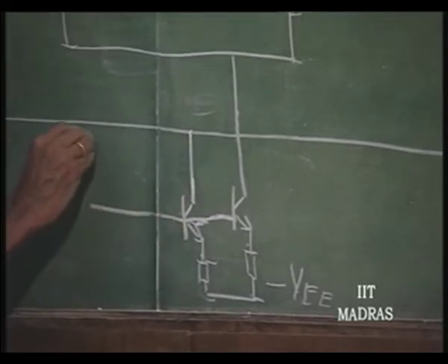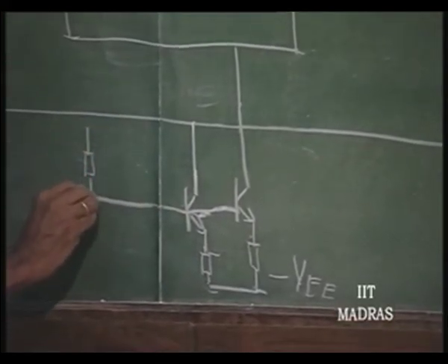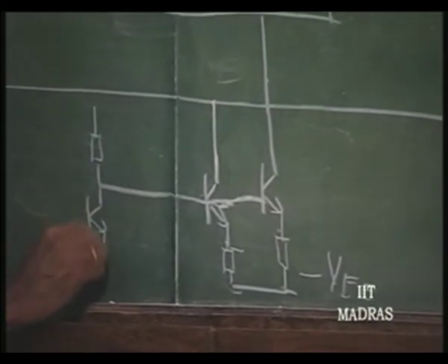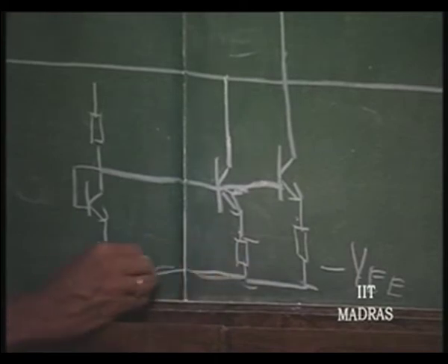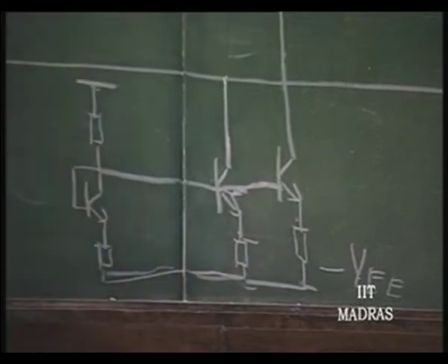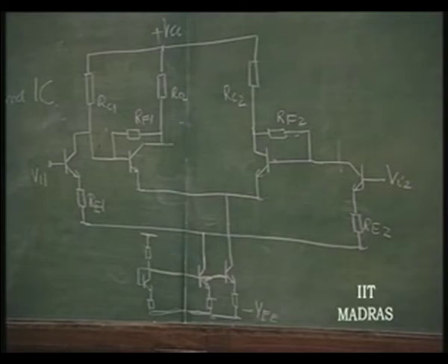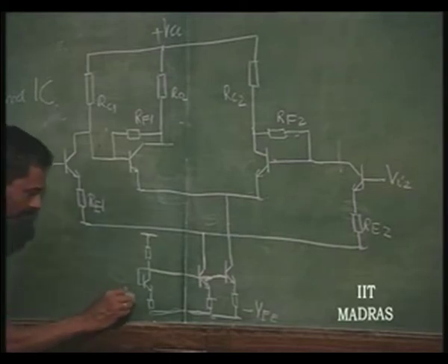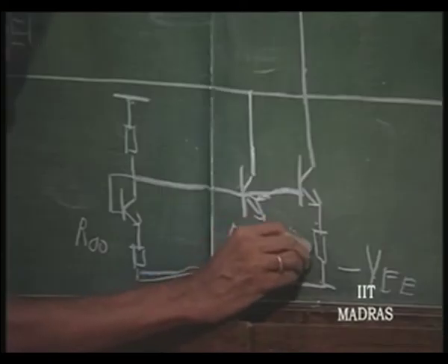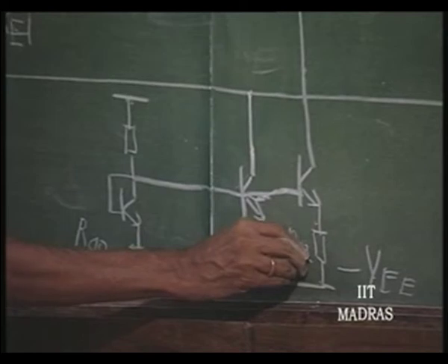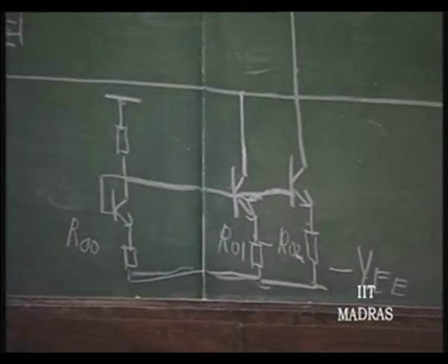And it can be obtained by our current mirror technique or whatever it is. So, R00, R01, R02, the currents can be set in terms of the resistor ratios.